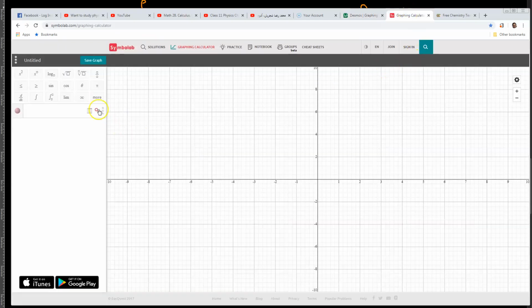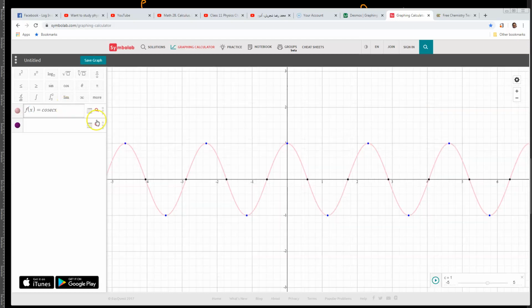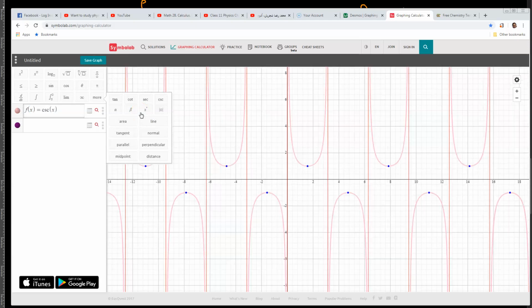If I use this graph and graph y or f of x equals cosecant x, you can see that the function has to be one-to-one, otherwise the function is not invertible.